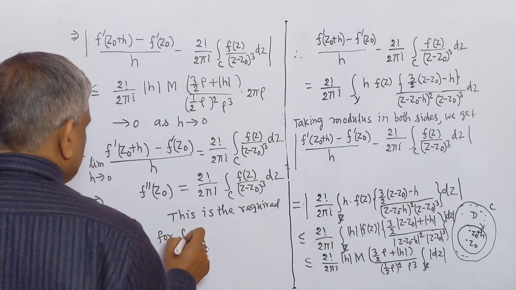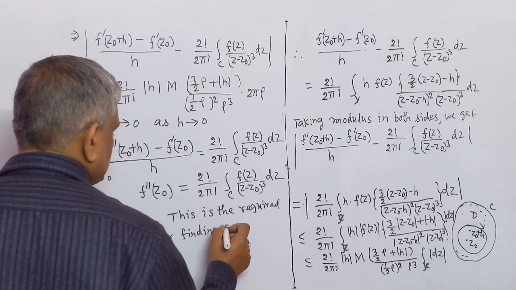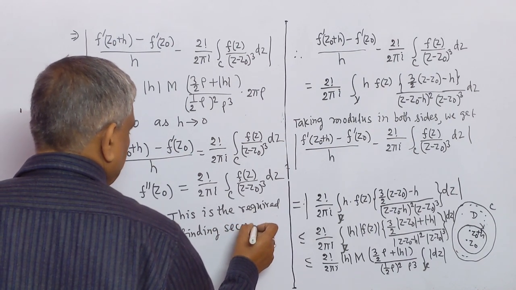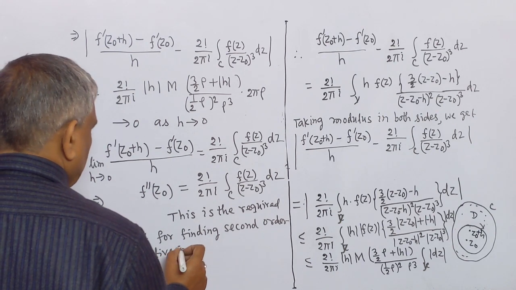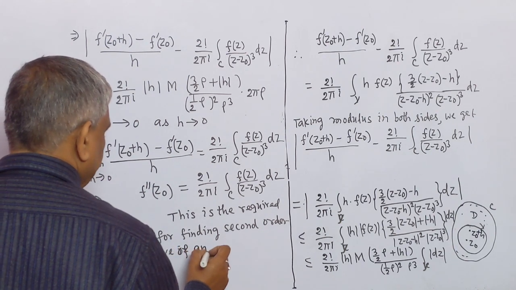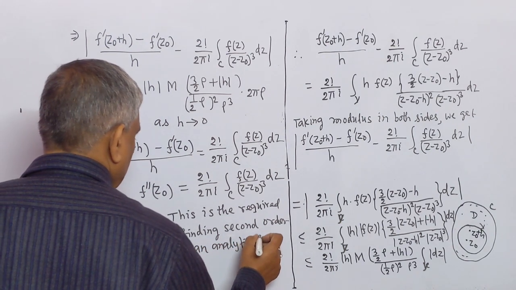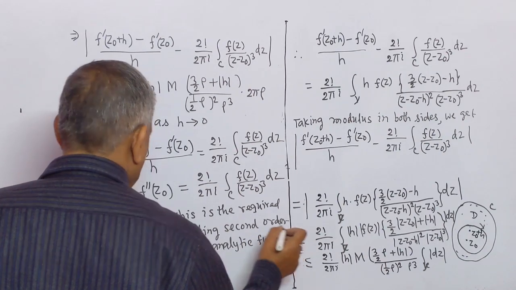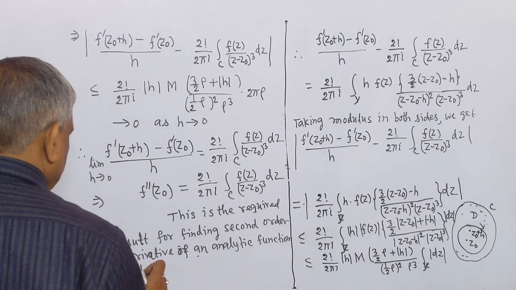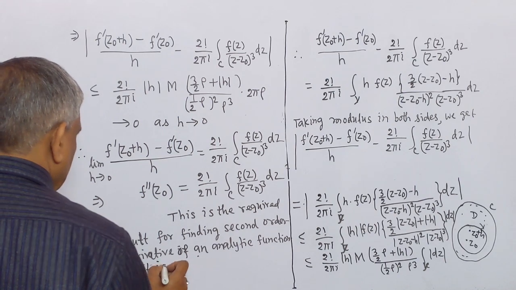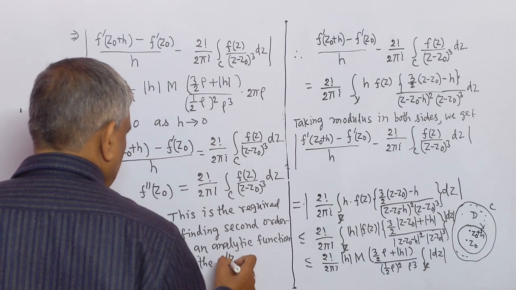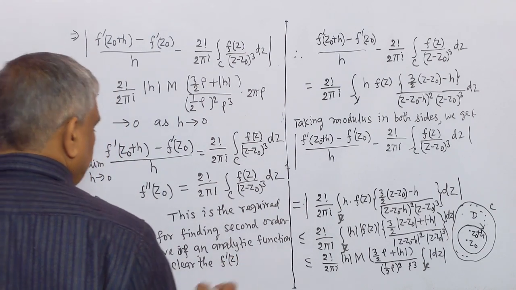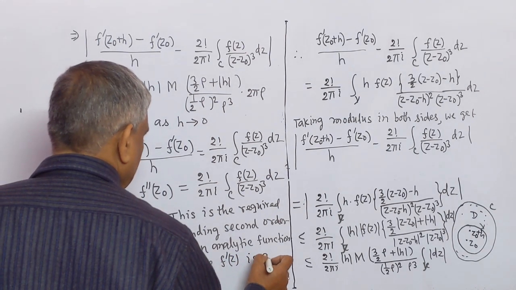for finding the second order derivative of an analytic function. Therefore, it is clear that the first order derivative of f(z) is analytic.